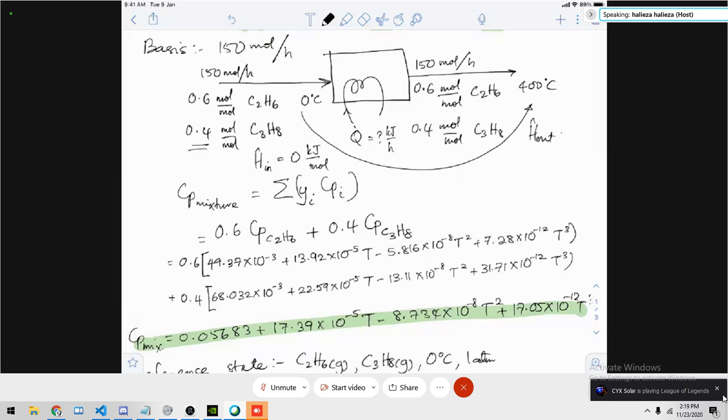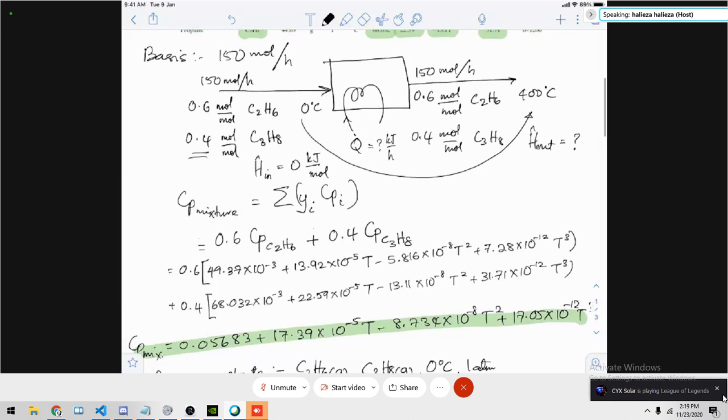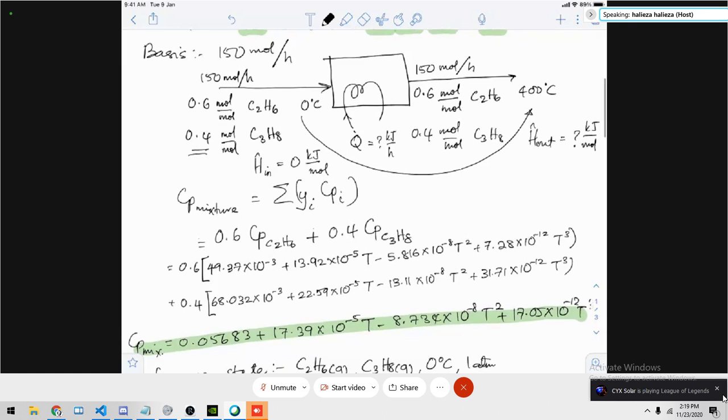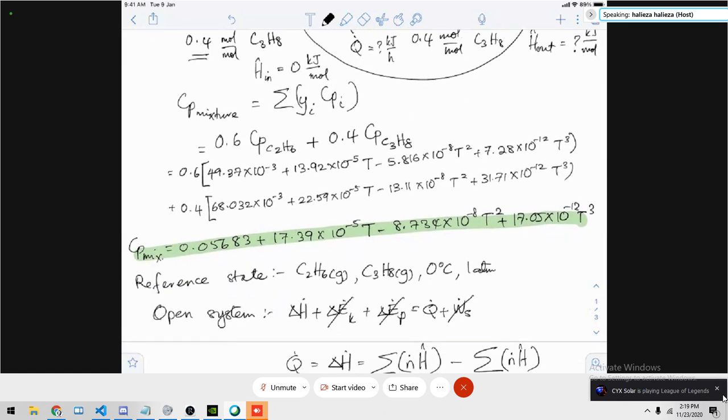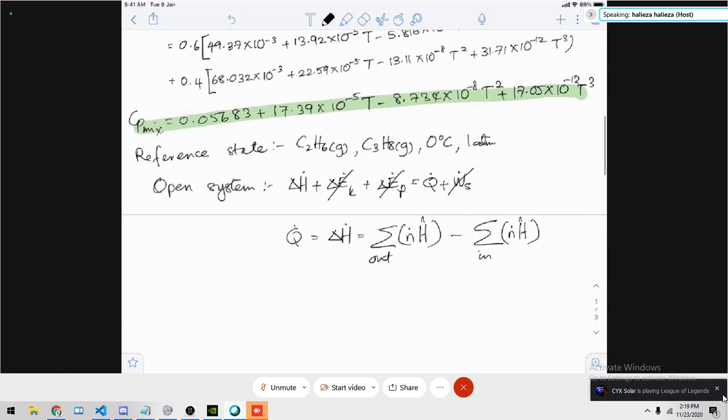Now you need to calculate the outlet enthalpy. Give it a unit, write down the unit, kilojoules per mole. Right? So we're going to use the Cp that we just obtained for that mixture to calculate your outlet enthalpy. So your outlet enthalpy is equal to, let me write the whole thing first.